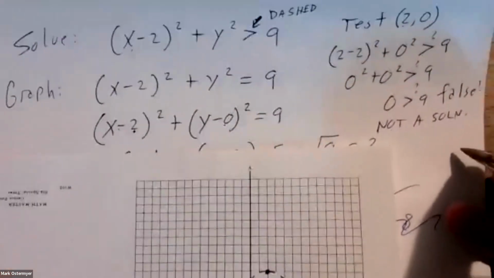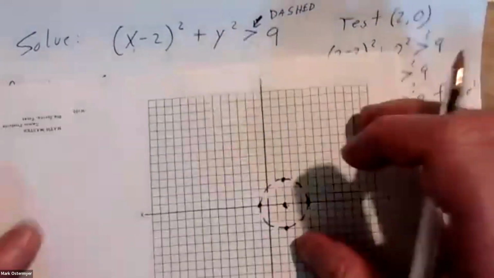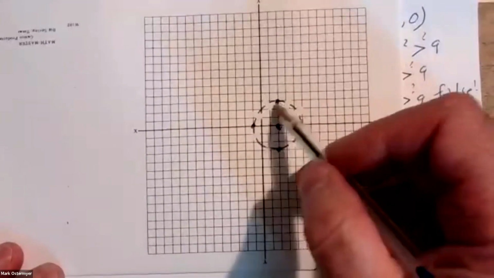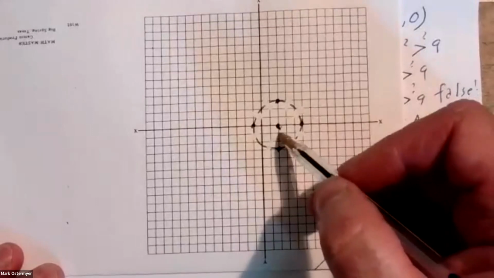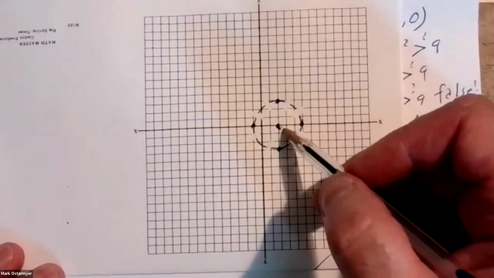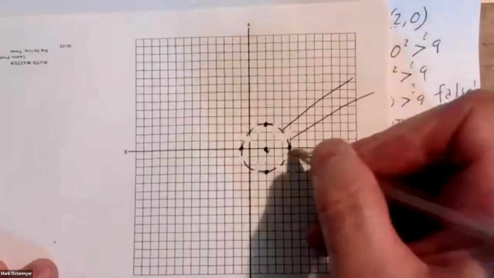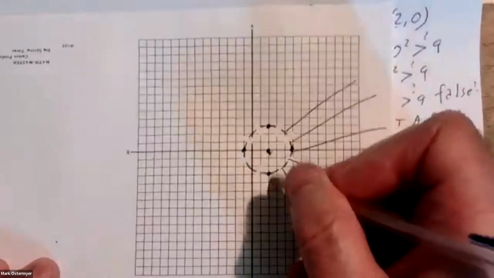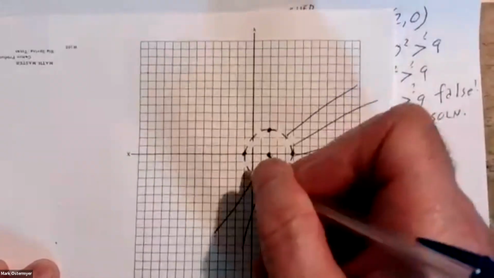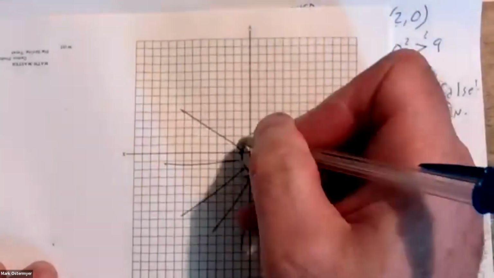Because of that, ladies and gentlemen, we don't shade inside the circle, because (2, 0) is not a solution. We must shade outside of the circle. You are now looking at the graph of the solution set to that nonlinear inequality.